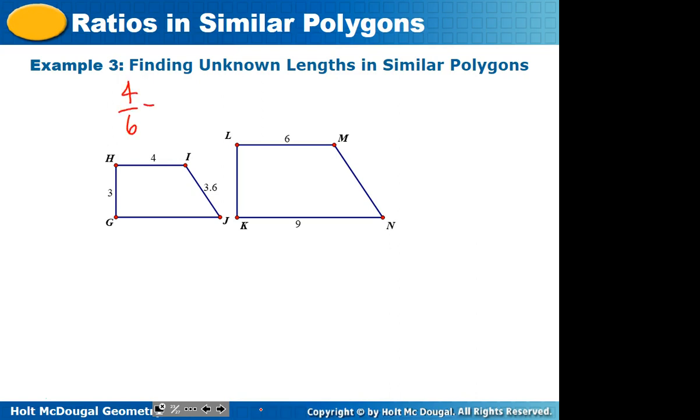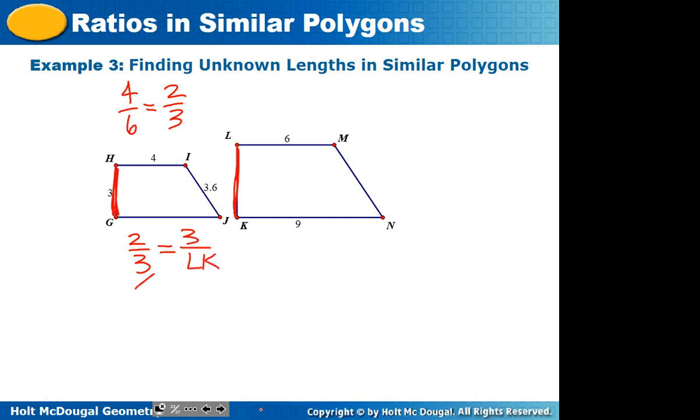So that's 4 over 6. And as I've said before, we're going to reduce this to 2 over 3. That's going to be the ratio that we're going to use to solve the rest of these missing parts. I want to compare this side over here on the left to LK. The top over here is 3 and LK goes here.